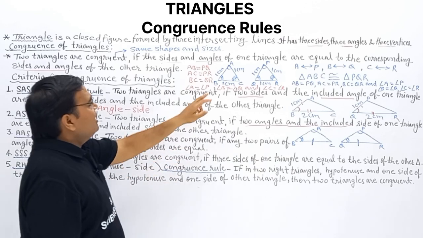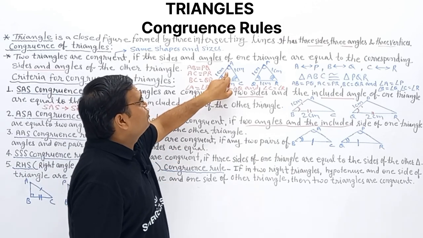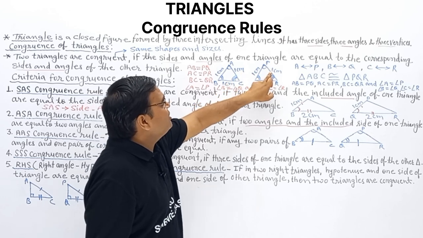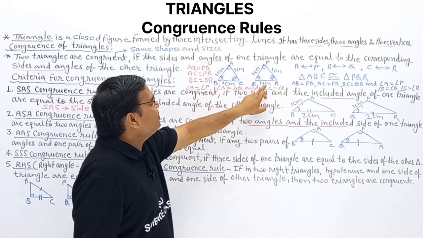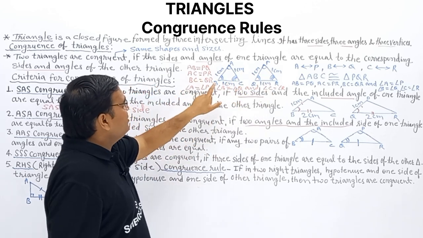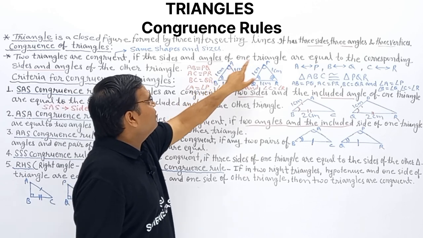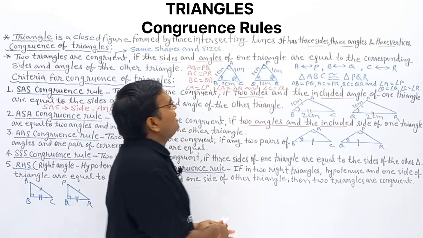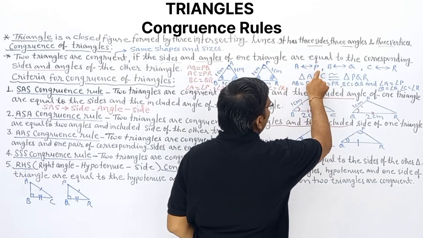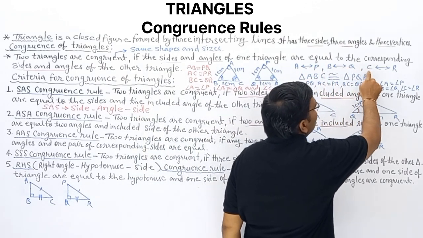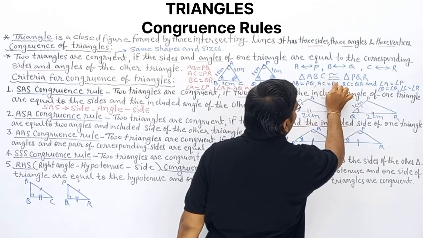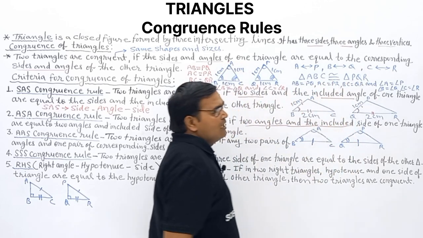It means AB equals PQ, AC has its corresponding part, BC has its corresponding part, and similarly the angles are equal. Then only we can say A corresponds to P, B corresponds to Q, C corresponds to R. Then triangle ABC is congruent to triangle PQR.